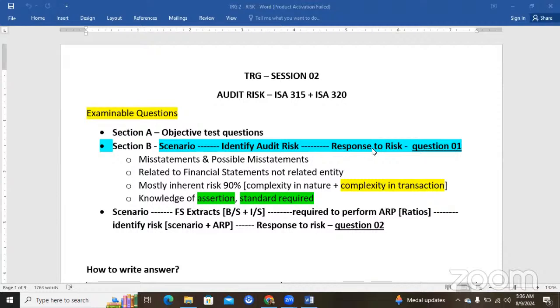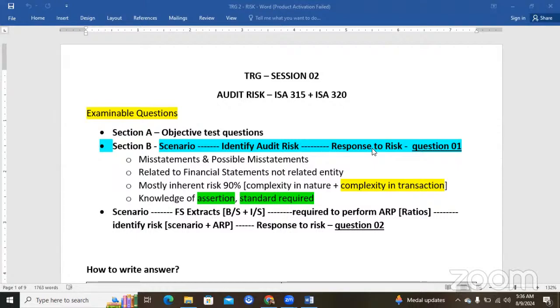If it is tested as question number 2, the maximum is 20 marks. But the examiner can test this in Section B, question number 1, and then it can be tested for 30 marks also.